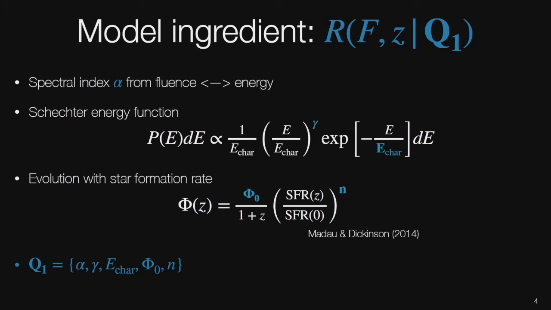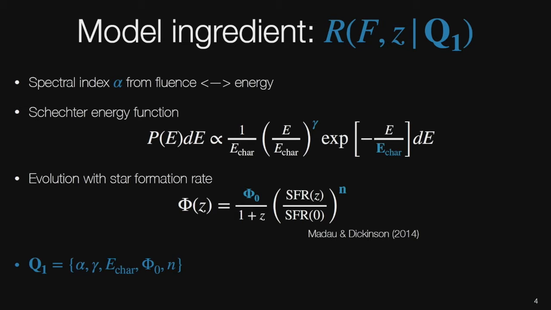The first ingredient, with the energy distribution information, contains the spectral index, and we also assume a Schechter energy function parameterized by gamma for the differential power law index and a characteristic exponential cutoff energy. It also includes a model for the evolution of FRBs with the star formation rate, where we're assuming smooth power law scaling with the power law index n, and phi naught is the volumetric rate at z equals 0 of bursts per cubic gigaparsec per year.